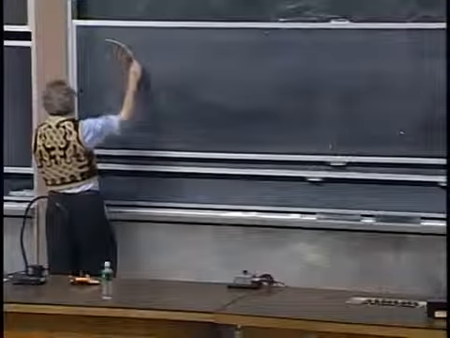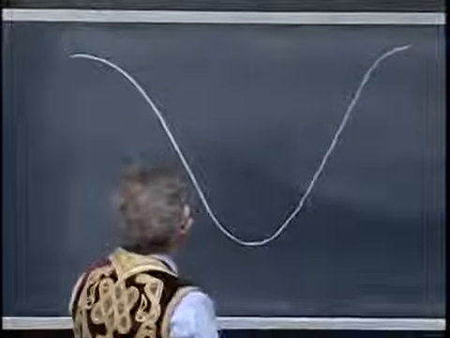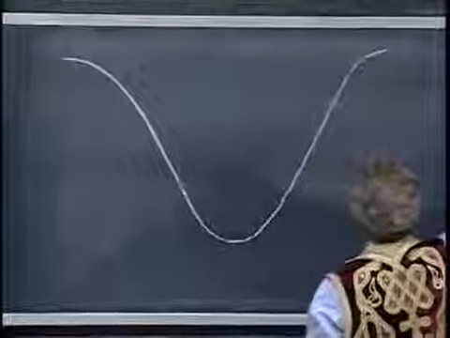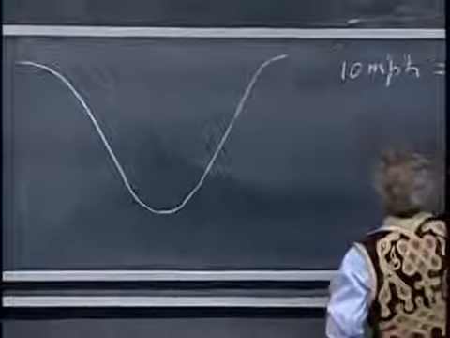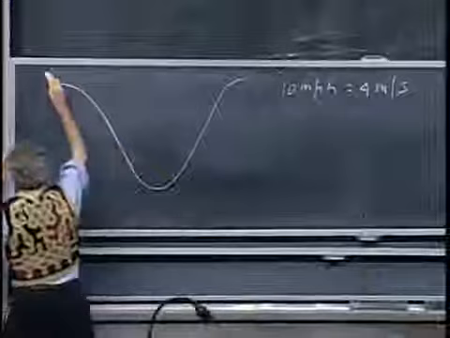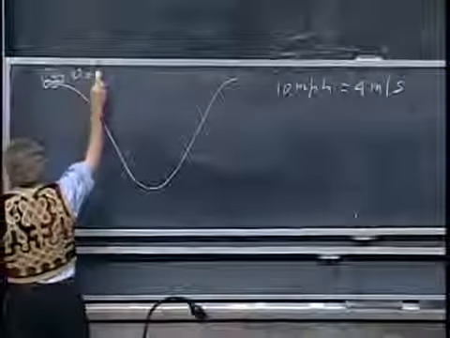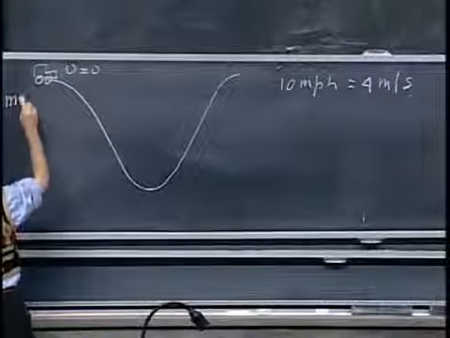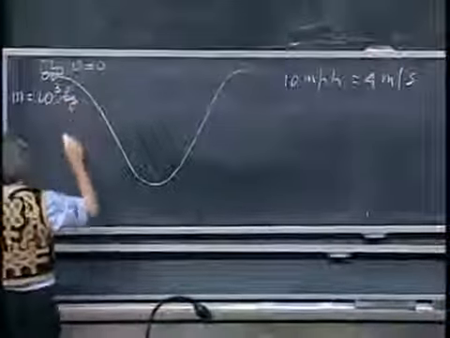The maximum speed that the person could use is at most 10 miles per hour without killing him or herself, which is about 4 meters per second. And so here's your car. Let's assume you start out with 0 speed, and let's assume that the mass of the car, to give it nice numbers, is just 1,000 kilograms.